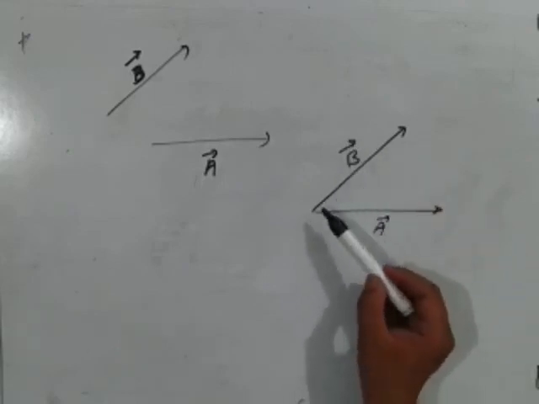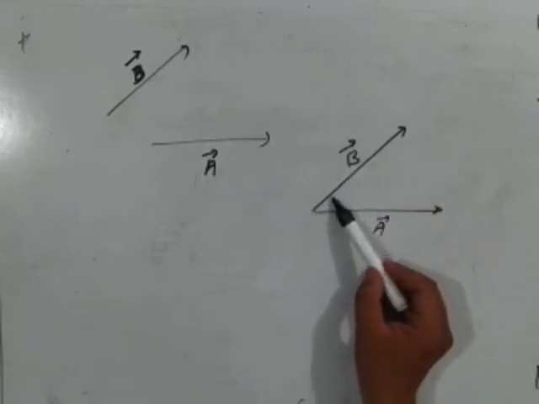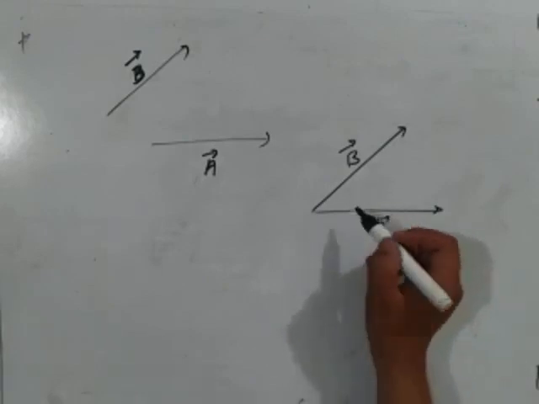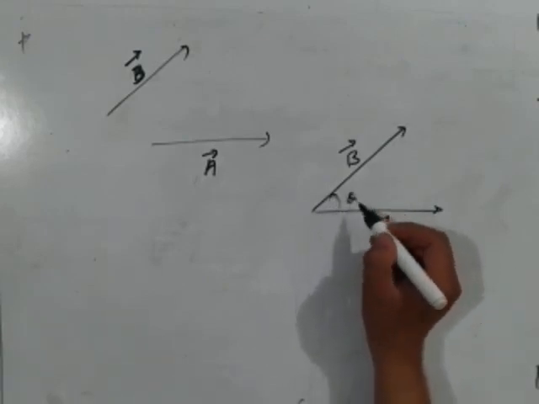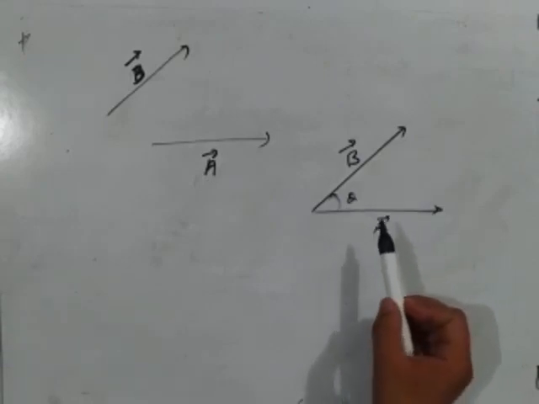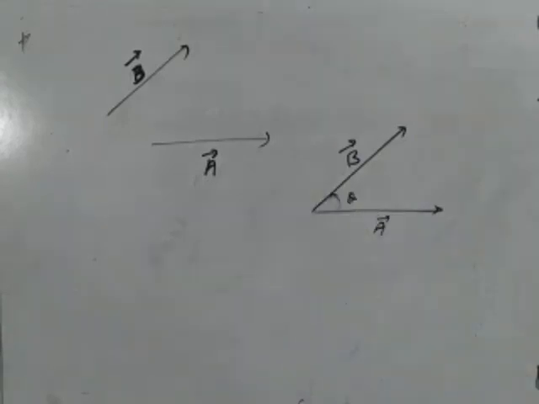We join the tail of B vector with the tail of A vector. So this angle shows the angle between vector A and vector B.